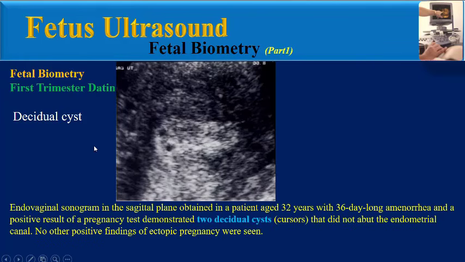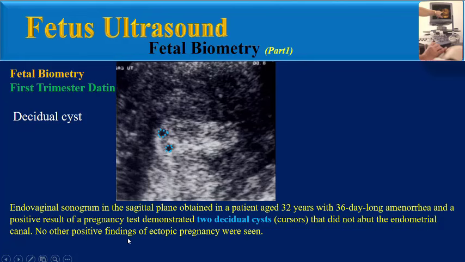Another example: an endovaginal sonogram in the sagittal plane obtained in a patient aged 32 years with 36-day-long amenorrhea and a positive pregnancy test demonstrated 2 decidual cysts that did not abut the endometrial canal.